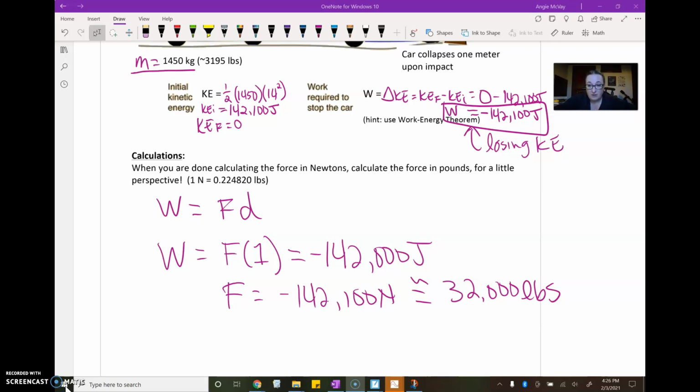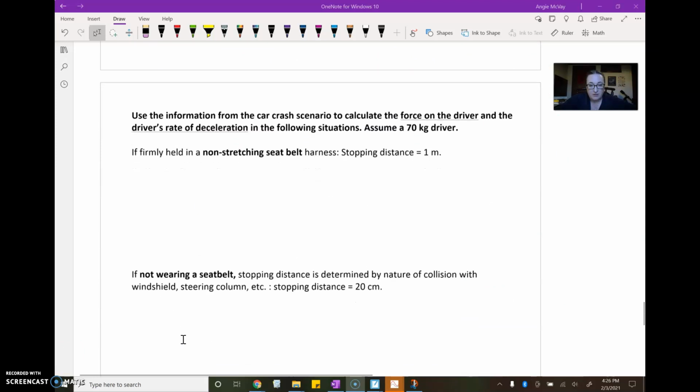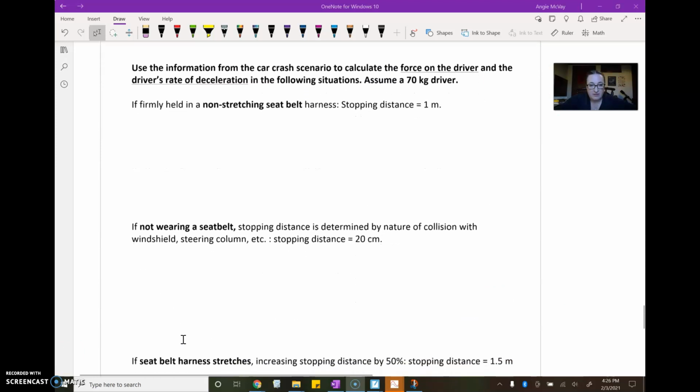What I would like you to do now is to take a look at this scenario on the back. Instead of looking at the force exerted on the car, take a look at the force exerted on the driver, assuming that they're 70 kilograms, which is about 150, 160 pounds, in 3 scenarios.